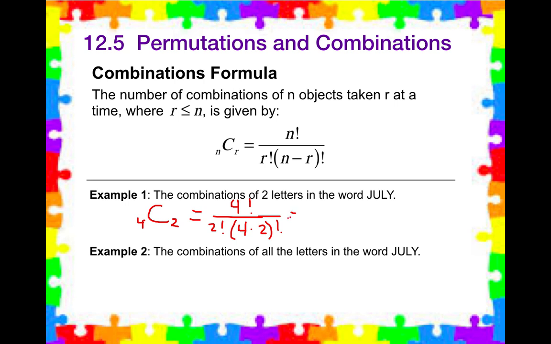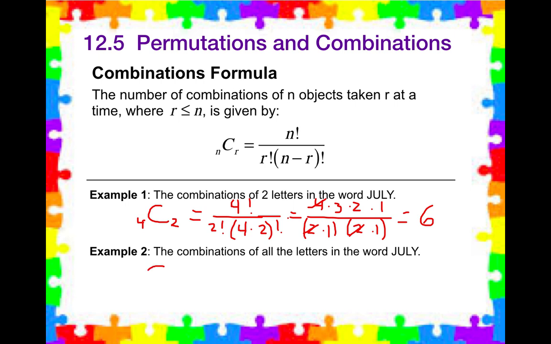And when we work that out, we have 4 times 3 times 2 times 1 over, well, 2 factorial is 2 times 1. And then we have 2 factorial, which is 2 times 1. And these 2 cross out that 4, cancel out. So then we end up with 6 different ways, which is what we had predicted before.